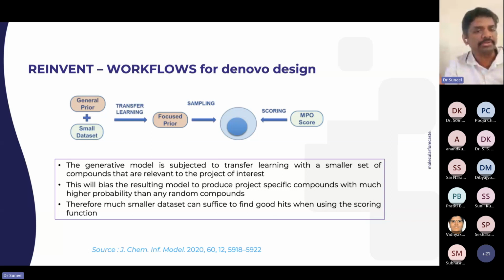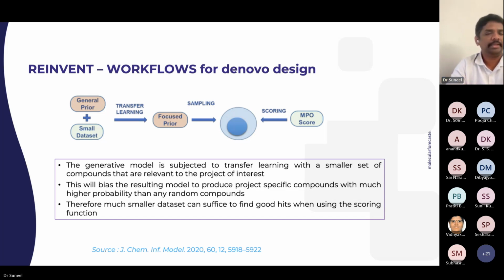We'll use the transfer learning approach where we build the focus prior. So the model is trained on the target of our interest, or the family database, and then we sample. Initially it's random sampling, but now when you train on the focus target or family dataset, you get molecules that are more refined and more meaningful.